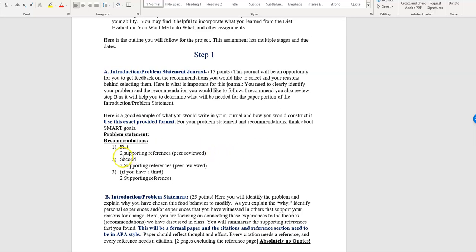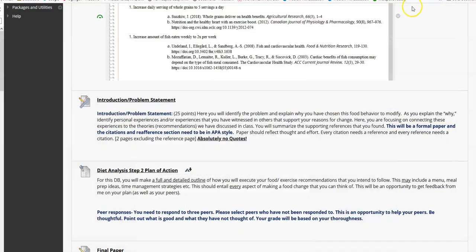The other piece here is, remember I said they were scientifically supported. You are going to list 2 supporting references for each recommendation. They should be peer reviewed. I will not be checking to see if they are peer reviewed on this round, but when you write your formal paper, I will. So what's peer reviewed?